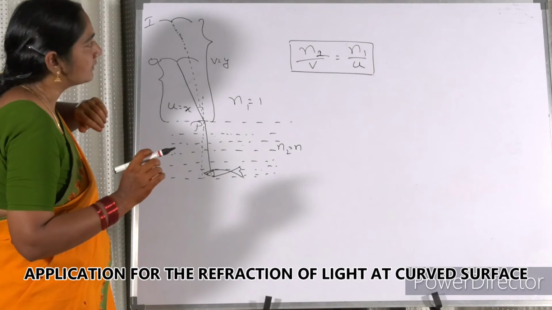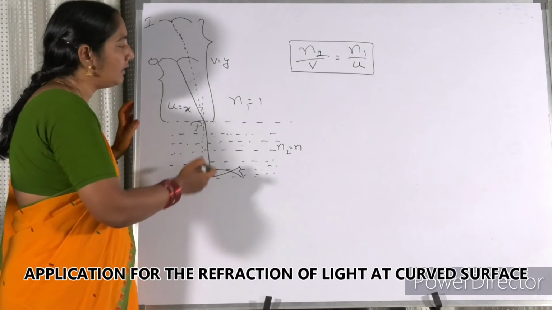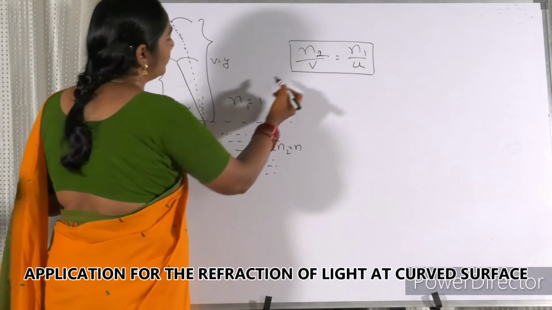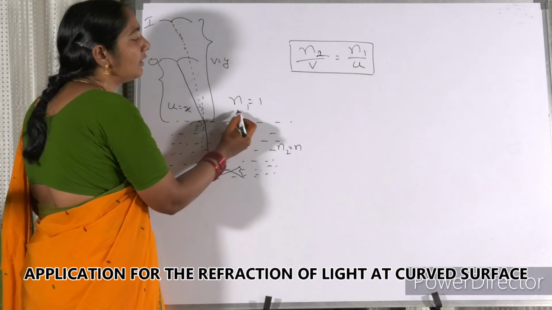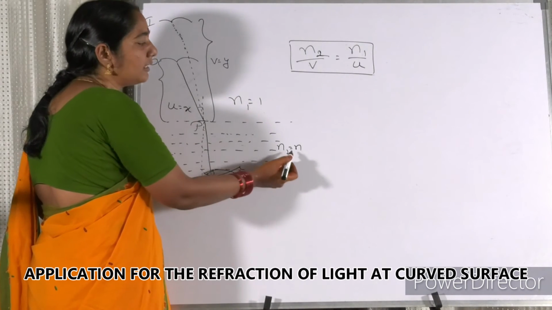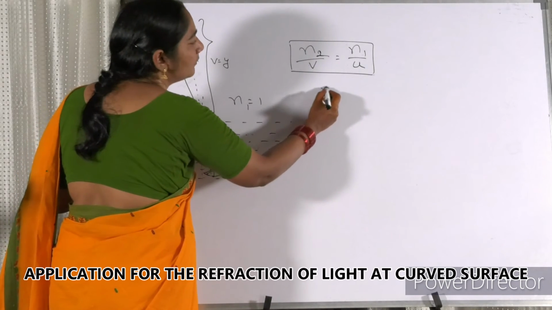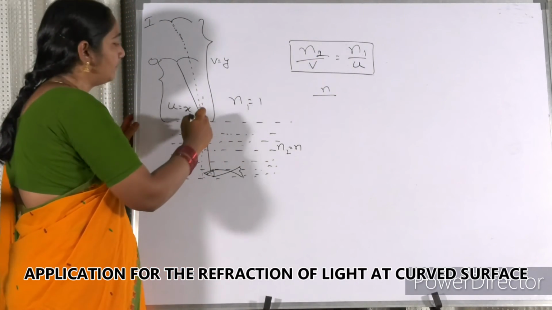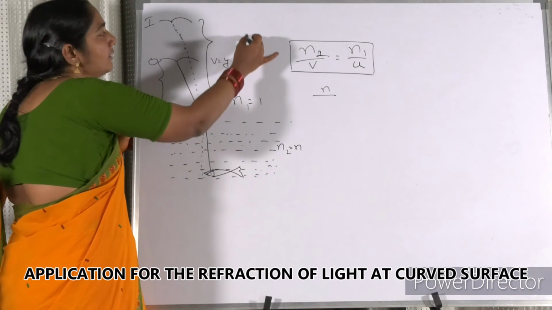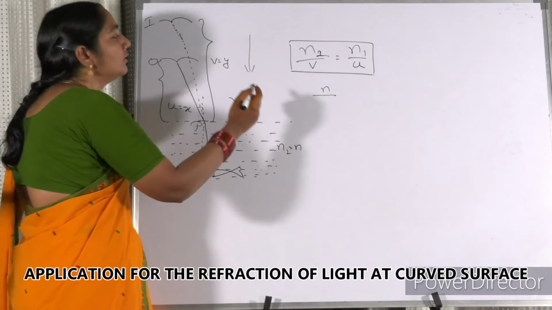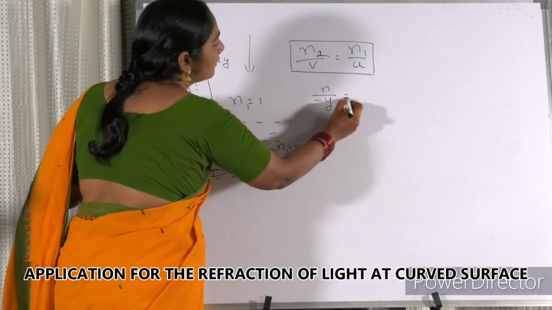So my dear friends, here we already came to know that n2 by v is equal to n1 by u, where n1, the refractive index of air, is 1 and the refractive index of the second medium is taken as n. Now I am replacing it, and see the value of v. This is the direction of light. We are taking the value against the direction, so we will take it as minus y.